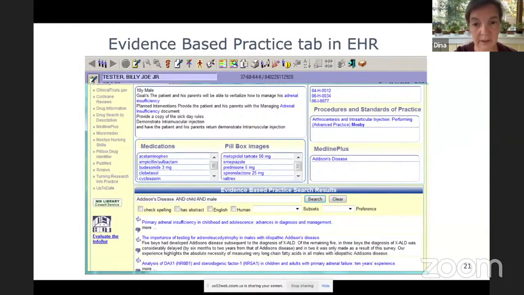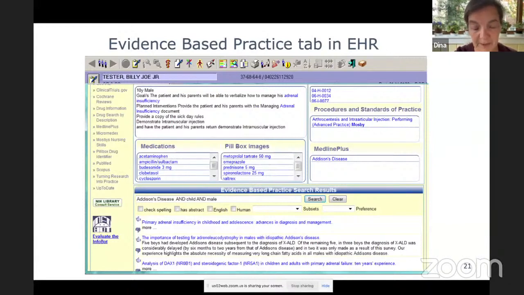If they clicked on these highlighted terms, they could get the definition of what that is. They could see the patient's medications, and at the bottom you can see that they are now seeing these bottom lines. The articles are ranked by the strength of their relevance, and they can see the bottom line advice extracted from the articles.